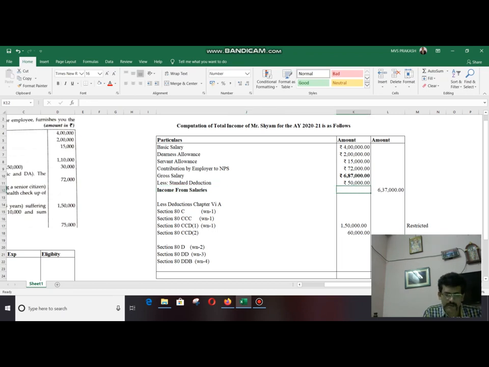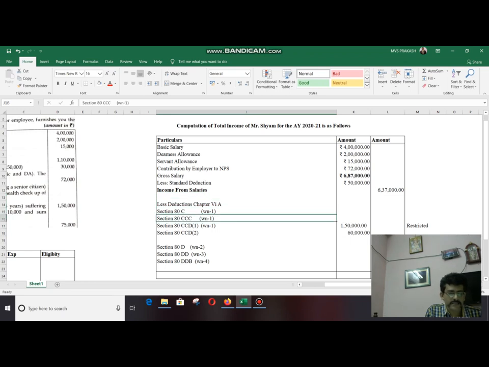So ultimately, your income from salary is going to be 6,37,000. From this, what I have to do? Reduce my chapter 6A deductions. As we know, these are the deductions: 80C, 80CCC, 80CCD subsection 1, 80CCD subsection 2, 80D, 80DDB, as well as 80DD. So these are the deductions which you are having. Now, let us go with one by one.